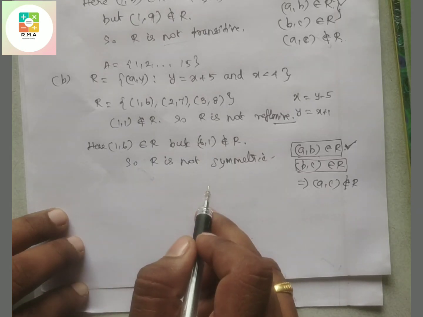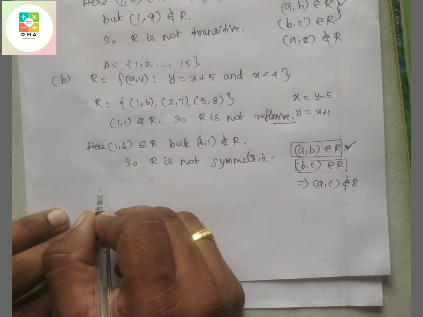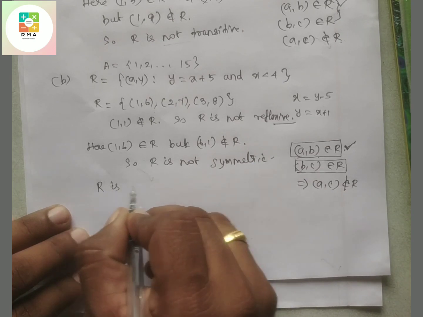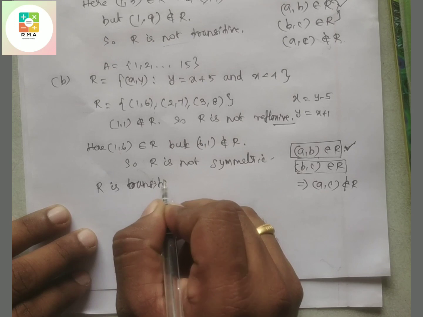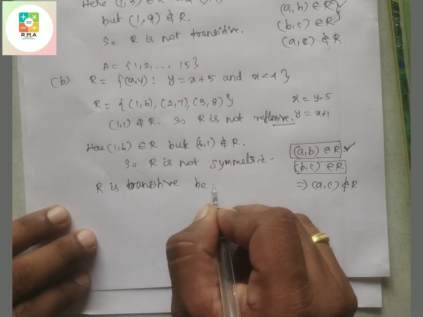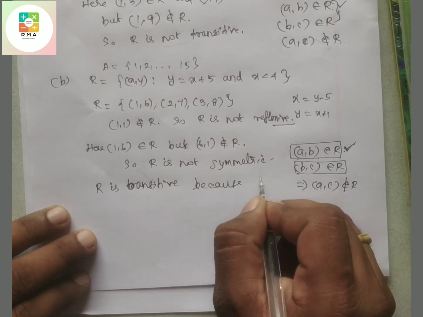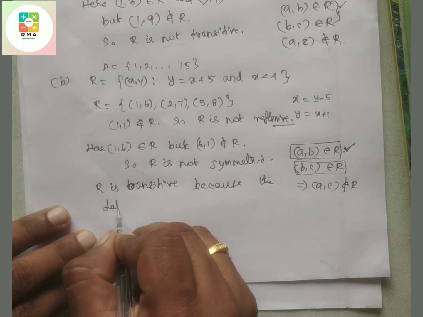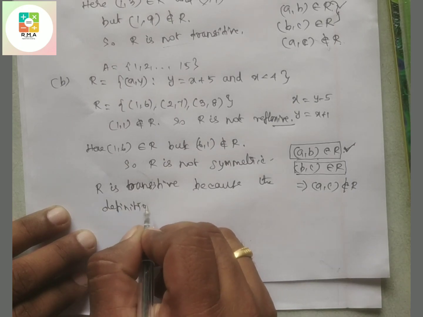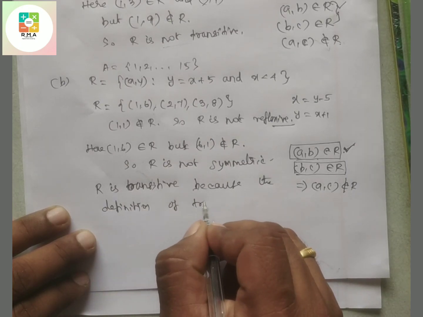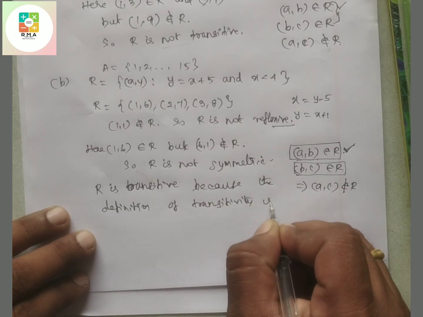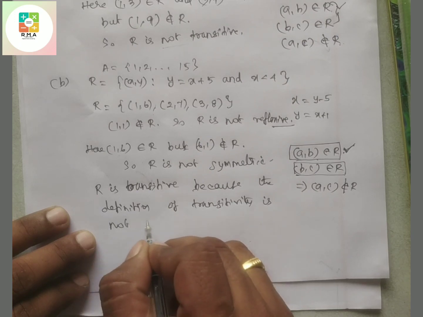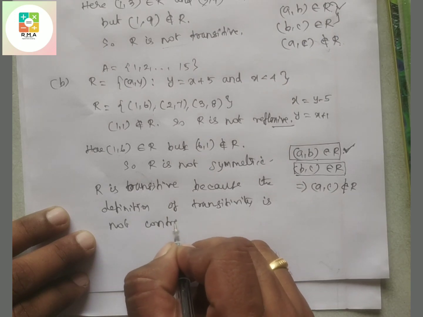How to write that, sir? We have to write that R is transitive because the definition of transitivity is not contradicted.